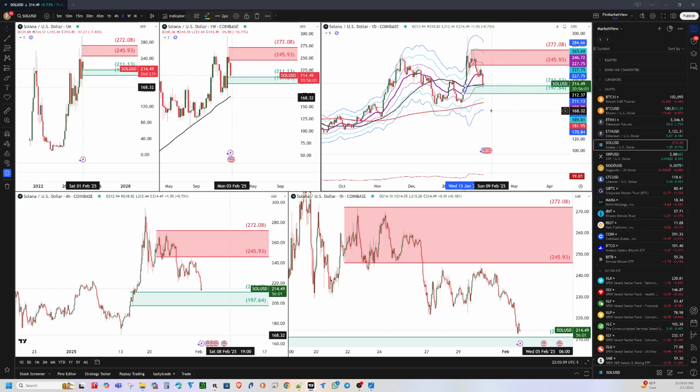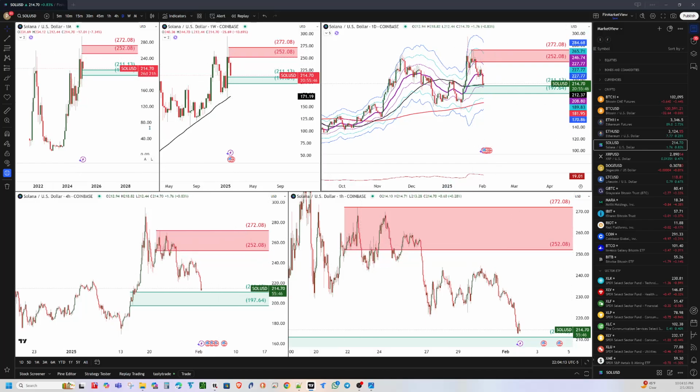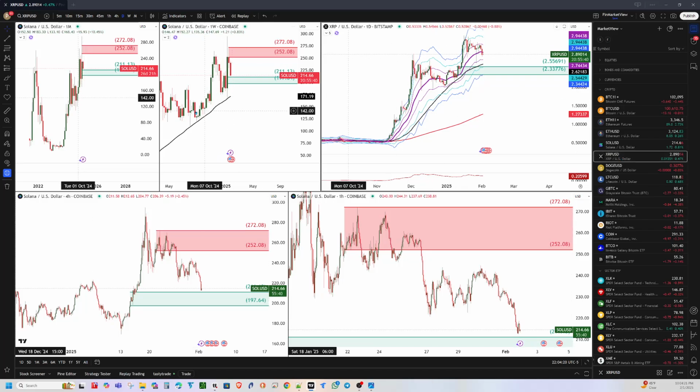It's a good buying opportunity for the short term, and then if price holds this area, then I will look for the buy-sell opportunity on the 250 area back to these highs. That's pretty much Solana.